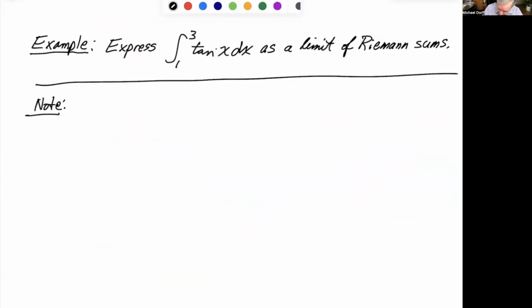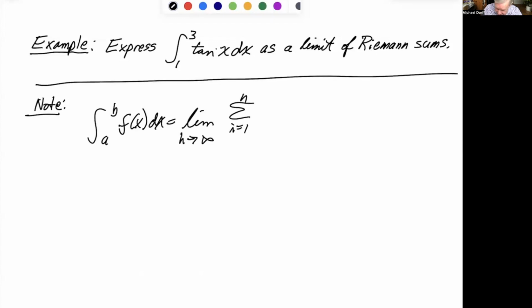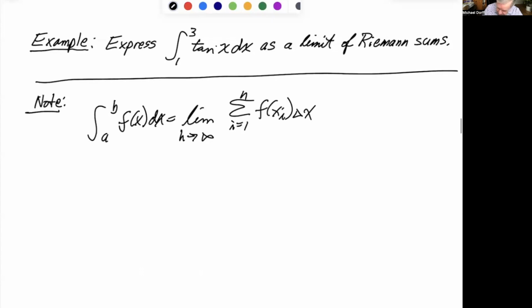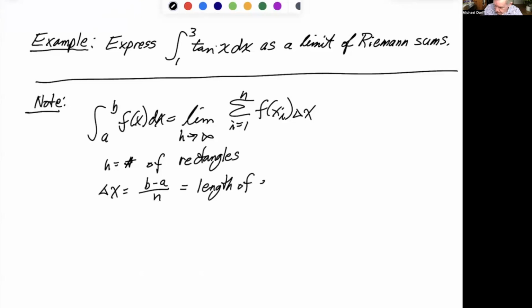When we did this integral from a to b of f of x dx, we said it was equal to the limit as n goes to infinity of the sum i equals 1 to n of f of x sub i delta x. There are some things here. n equals the number of rectangles, and delta x is b minus a over n, which is the base of each rectangle.